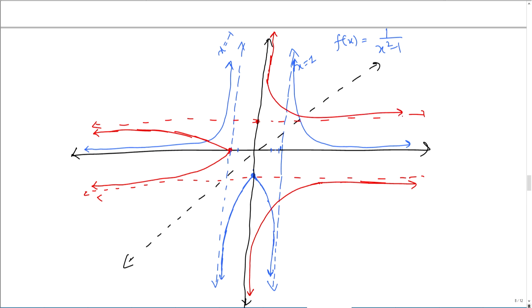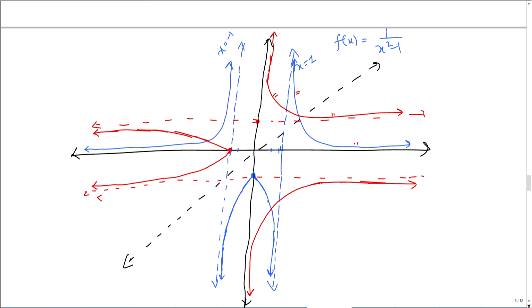So this red and this blue are mirror images of each other along this line, right? Whatever was happening on the y-axis here is happening on the x-axis here. This part is the mirror image of this part, and this part is the mirror image of this part. This is how they are symmetric around y equals x.